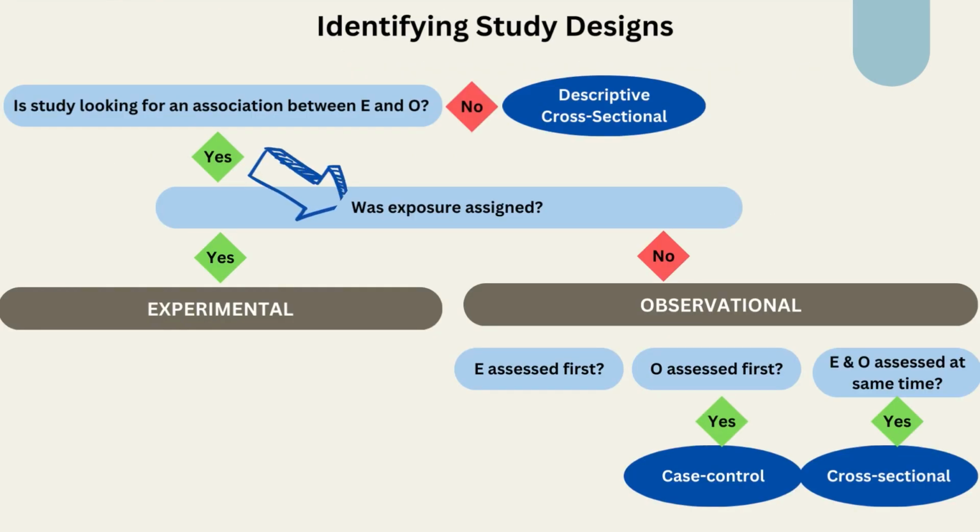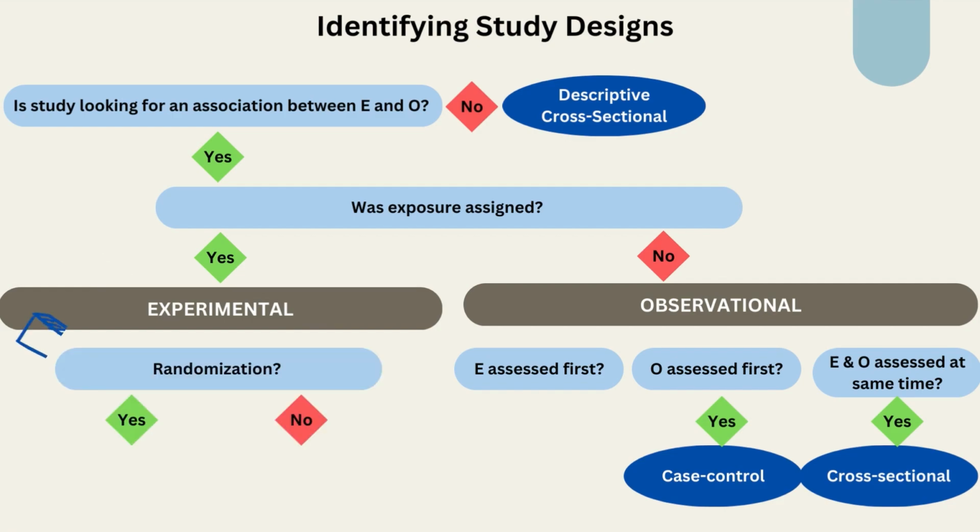You saw this flowchart last week, and we got as far as observational versus experimental studies. And again, the question here is, was the exposure assigned? Did the investigator actually give or tell the participants what to be exposed to? If the answer is yes, then the study is experimental. The next distinguishing factor, as we've talked about, is randomization, where participants are randomly assigned to exposure groups.